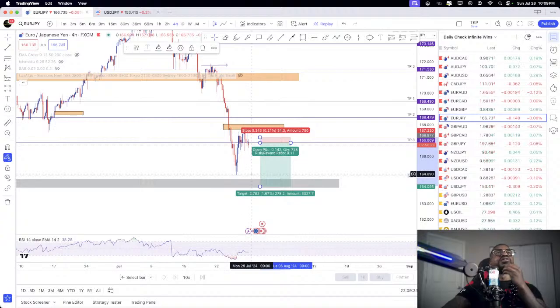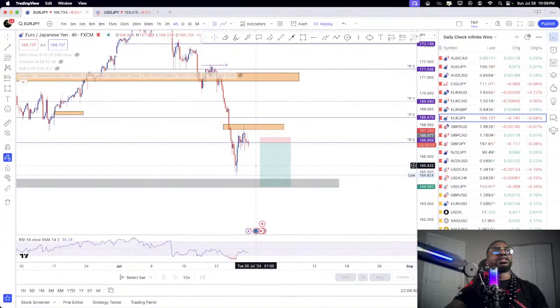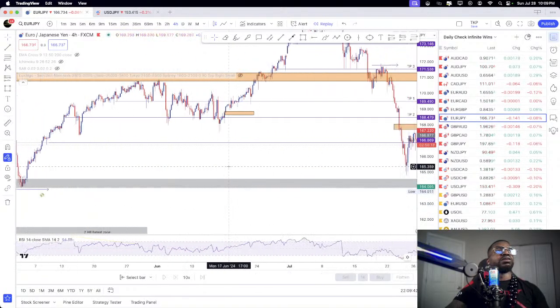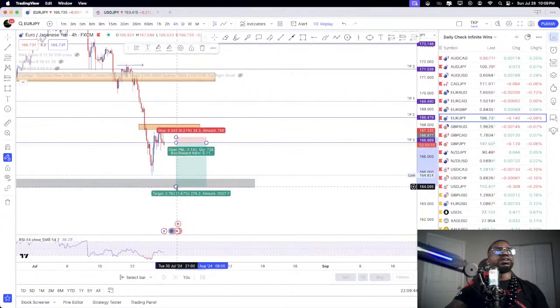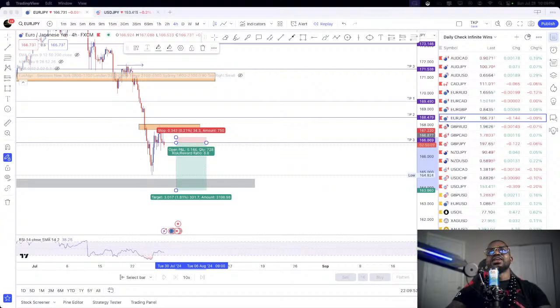Okay, so during London, I'm checking out Euro JPY. We could most likely get this continuation on this pattern. So we want to check this out during London. Dang, so look, we went through all of those trades and none of them were ready, except this one.